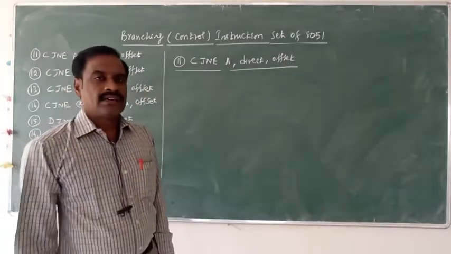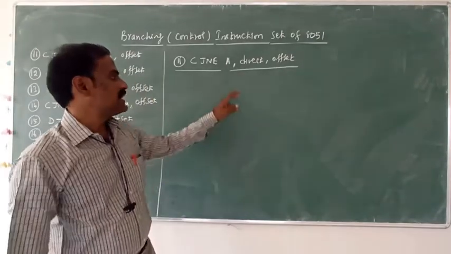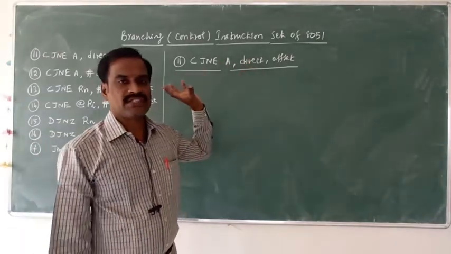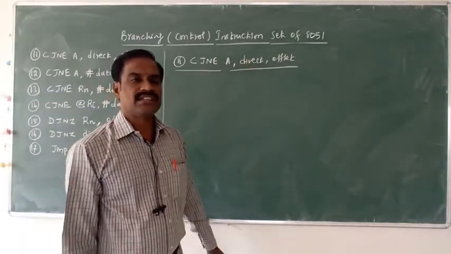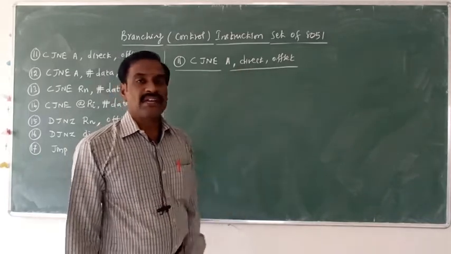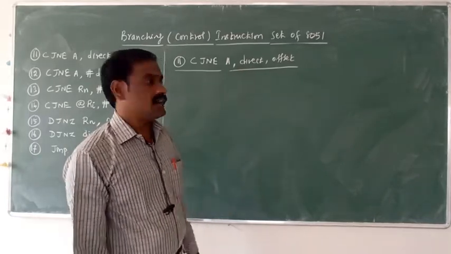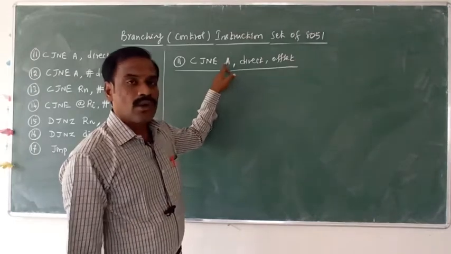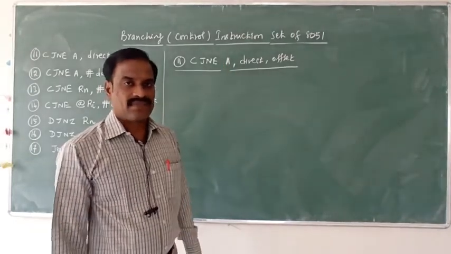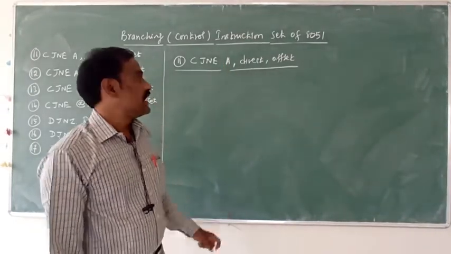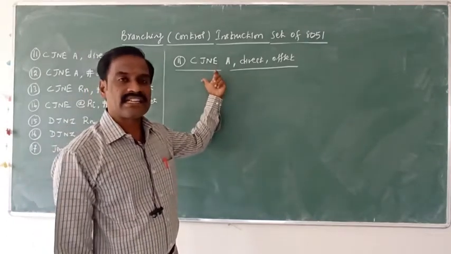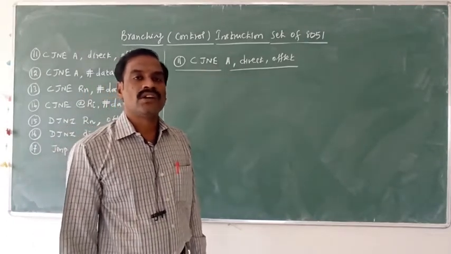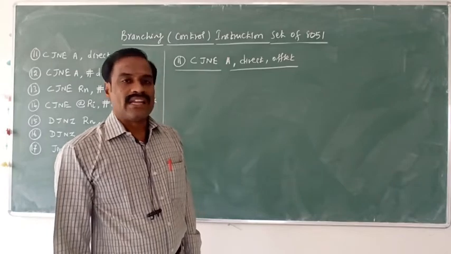CJNE means compare direct byte. Direct byte means the given 8-bit memory address location data to accumulator. Jump if result is not equal.